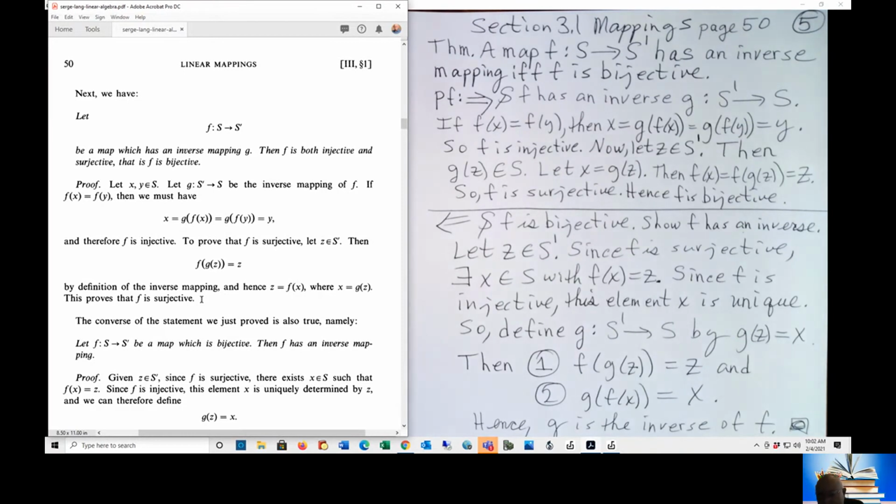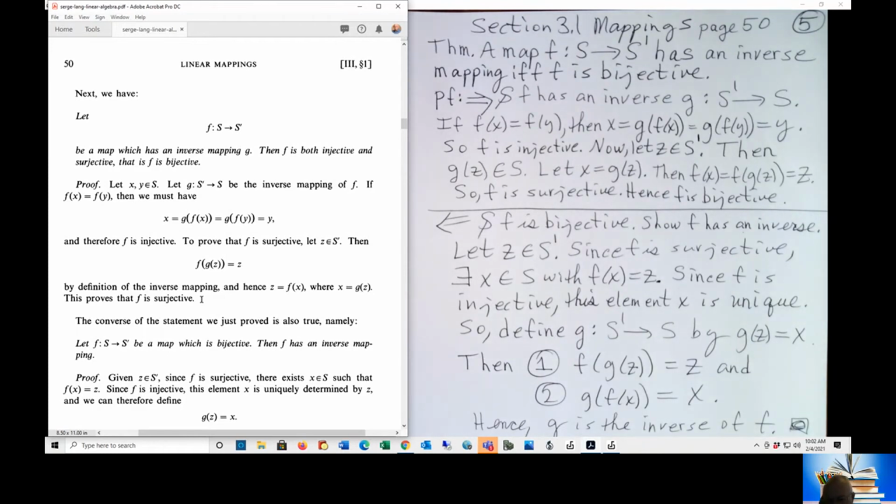Now, we want to show that F is surjective, or onto S prime. So let Z be an element in S prime. We probably could have used the letter Y, which we're more familiar with, but let Z be in S prime. You have to find an X in S so that F of X equals Z. Well, Z being in S prime means that the image G of Z is in S, so let's give it a name.